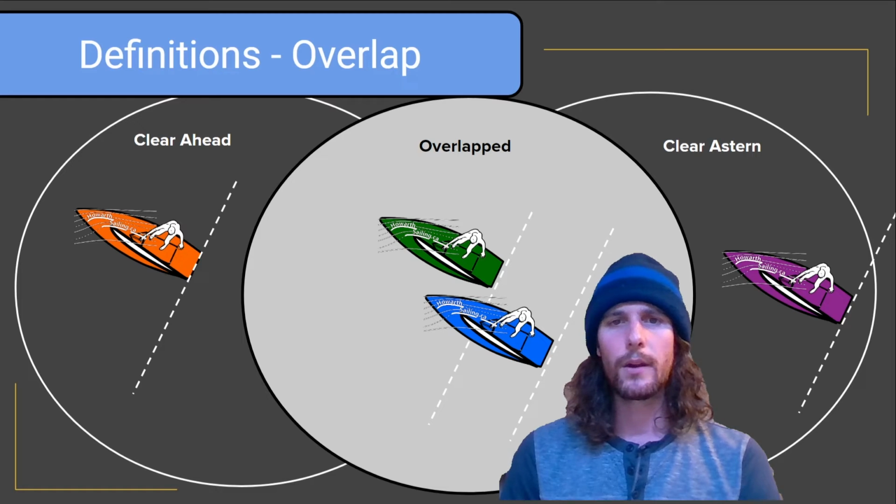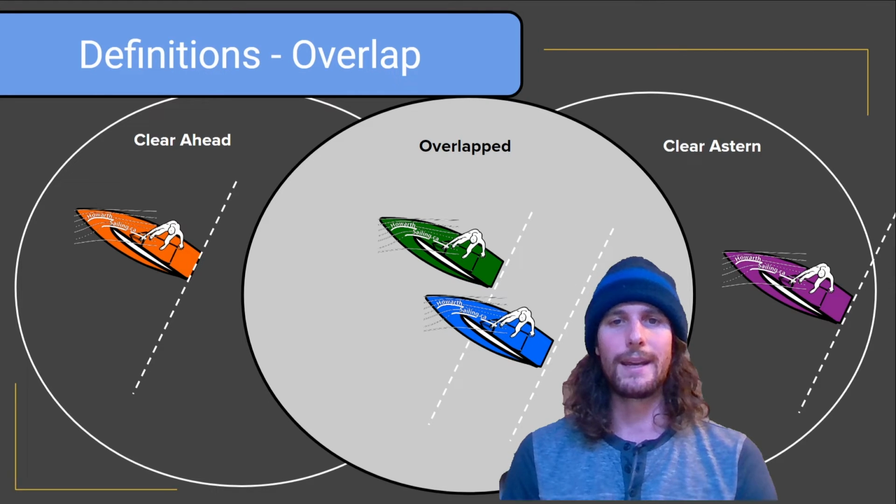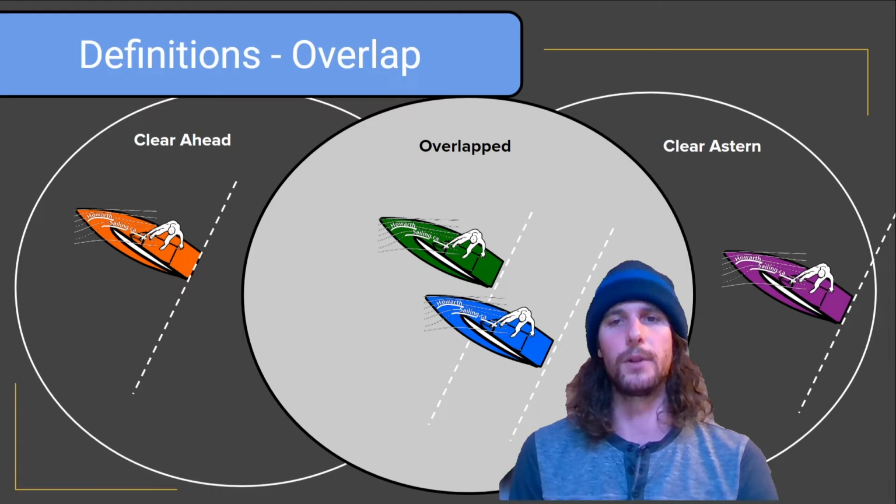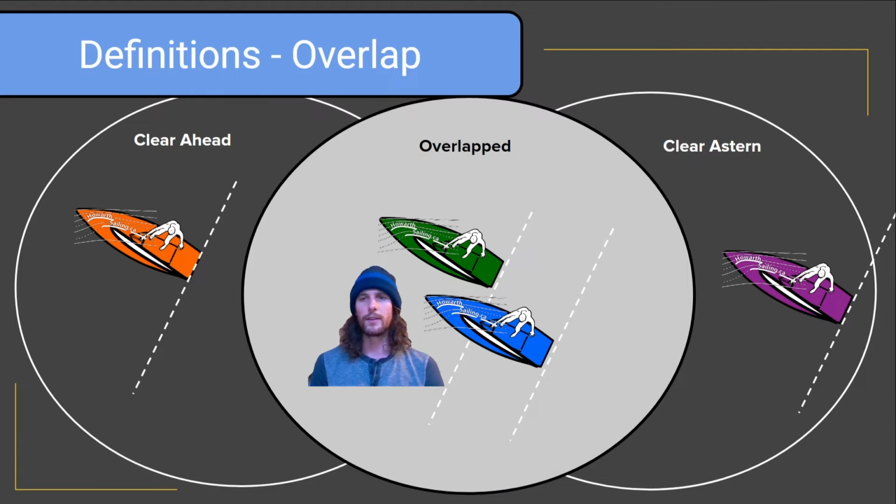The green boat and the blue boat in this picture are overlapped because the perpendicular line at the stern of the green boat intersects right through the side of the blue boat. The magenta boat in the right-hand side of this image is clear astern, and we can tell that because the bow of this boat doesn't come anywhere near the line that's perpendicular with the blue boat, which is the closest boat that's ahead of it.